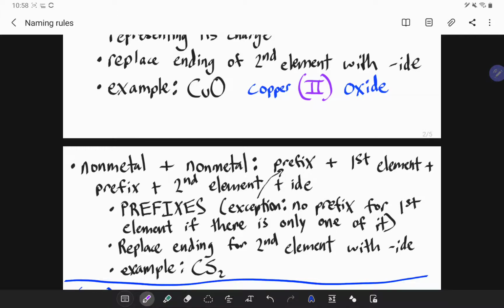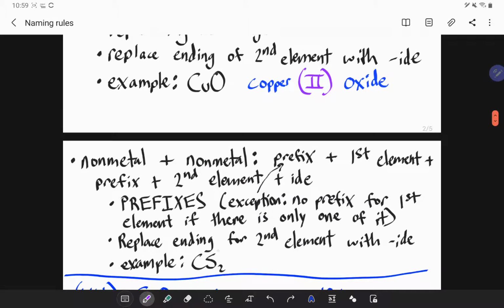So we're always going to use prefixes, except we are not going to use a prefix for the first element if there is only one of it. We'll see what that means in this example. And then we are going to replace the ending of the second element with IDE because we always do that if the second element is a nonmetal.